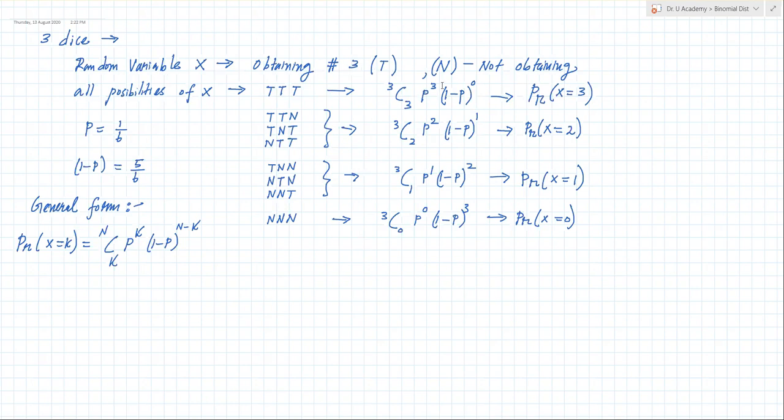Obtaining 3. This is how you have to read it. Probability of obtaining 3 three times. This one, probability of obtaining 3 two times. Probability of obtaining 3 one time. Probability of obtaining 3 zero times.